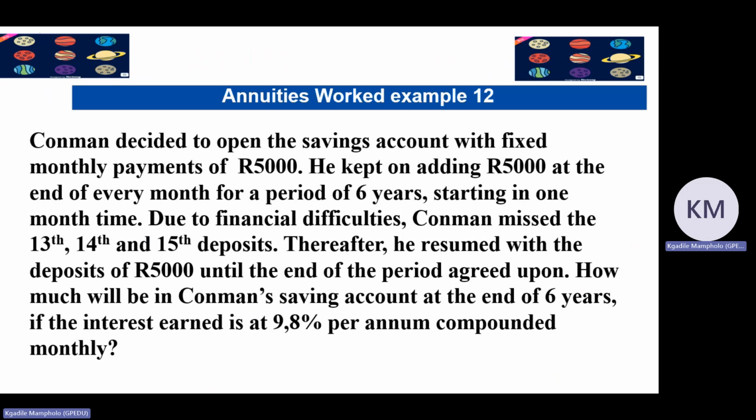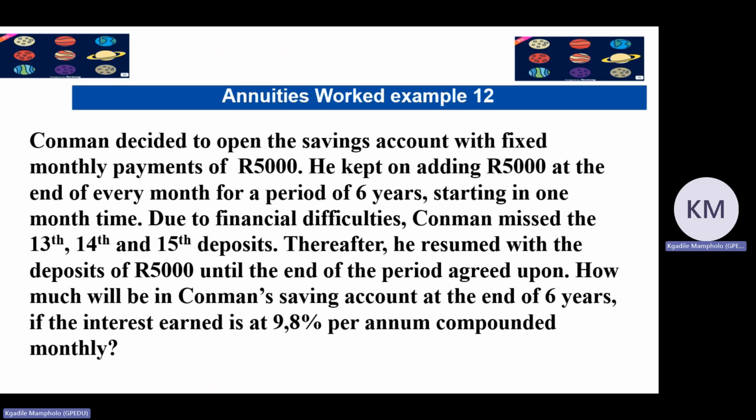Conman decided to open a savings account with fixed monthly payments of 5,000. He kept on adding 5,000 at the end of every month for a period of 6 years, starting in 1 month's time.